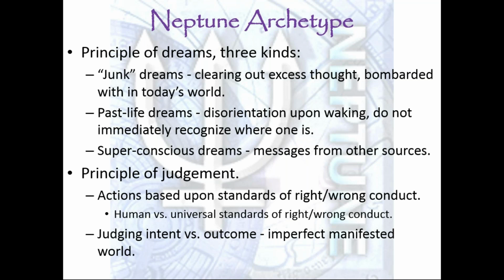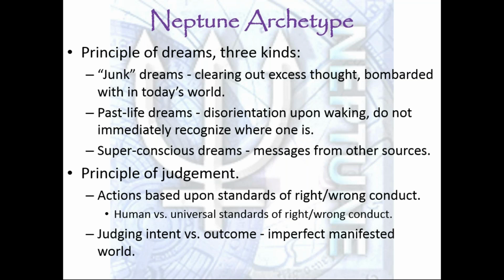And so as we are expanding through those cycles of confusion and clarity and trying to find broader and broader value and meaning and source, we expand those standards of right, wrong conduct beyond human-made or culturally based into what we call universal.